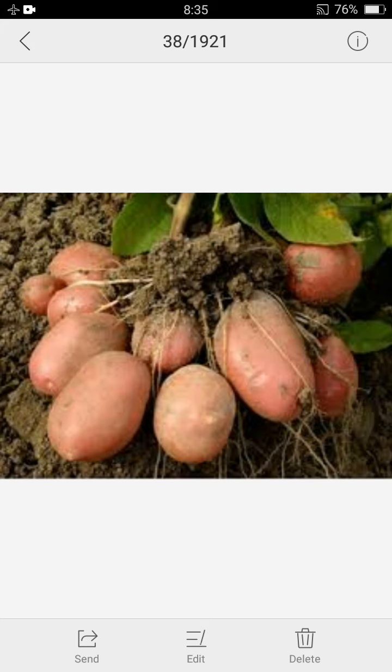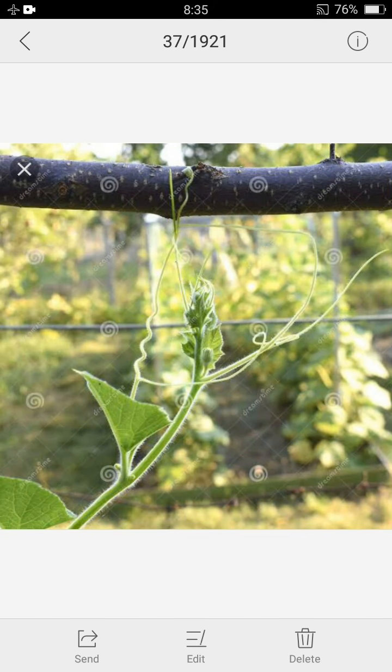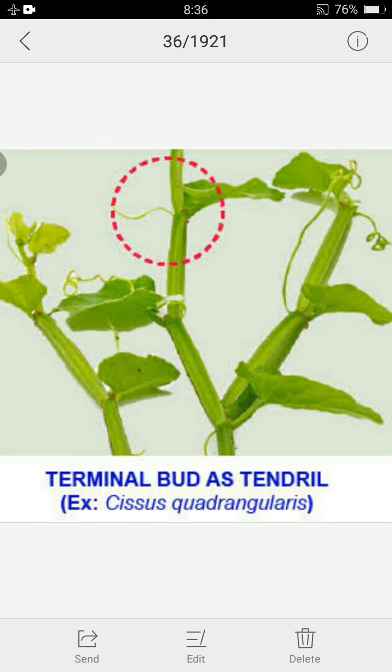Now, one more important modification we are going to discuss is called stem tendrils. You can see on the screen, students, the stem tendrils which develop from axillary buds are slender, spirally coiled and help the plants to climb, such as gourds, for example cucumbers, pumpkins and watermelons, and grapevines.